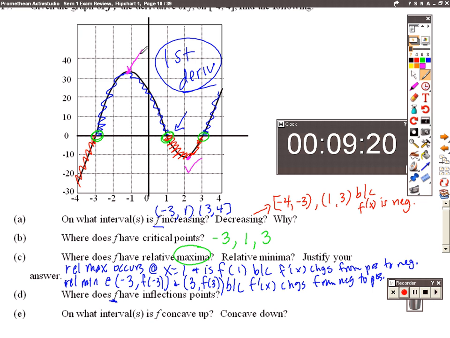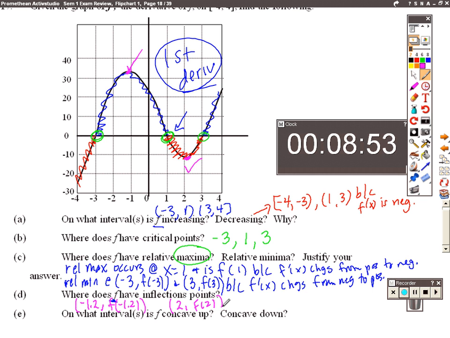Like -1.2. So I'll say a point of inflection is at -1.2, f of -1.2, because it does ask me for the points. And then down here, I'm going to call this 2. So the other point of inflection would be 2, f of 2.